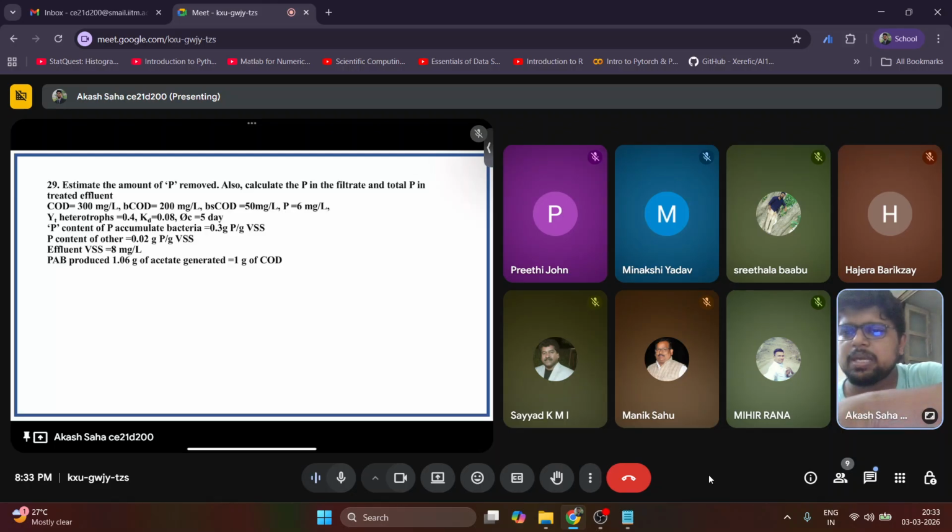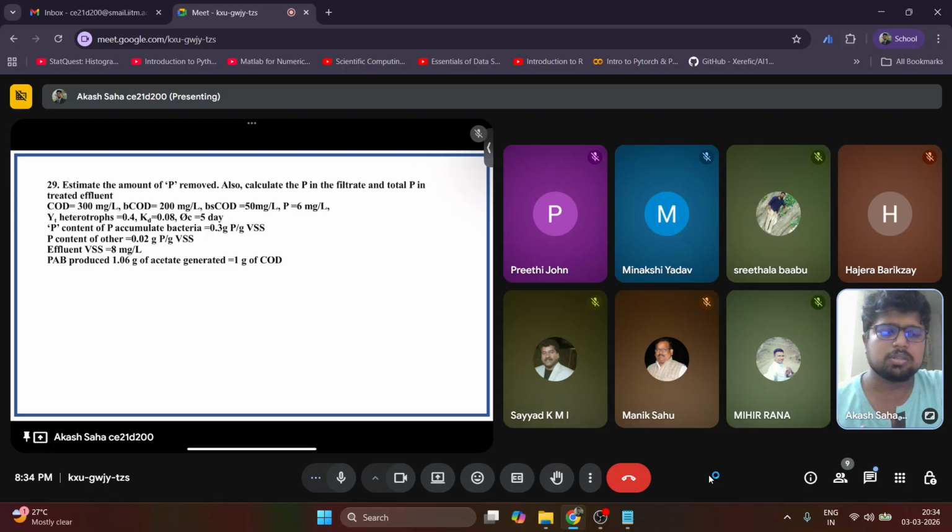You can see the P content in P accumulating bacteria is 0.3 gram of phosphorus per gram VSS, whereas the P content of other bacteria is 0.02. So there is a vast difference, not even 6 or 7 times, around 15 times difference.